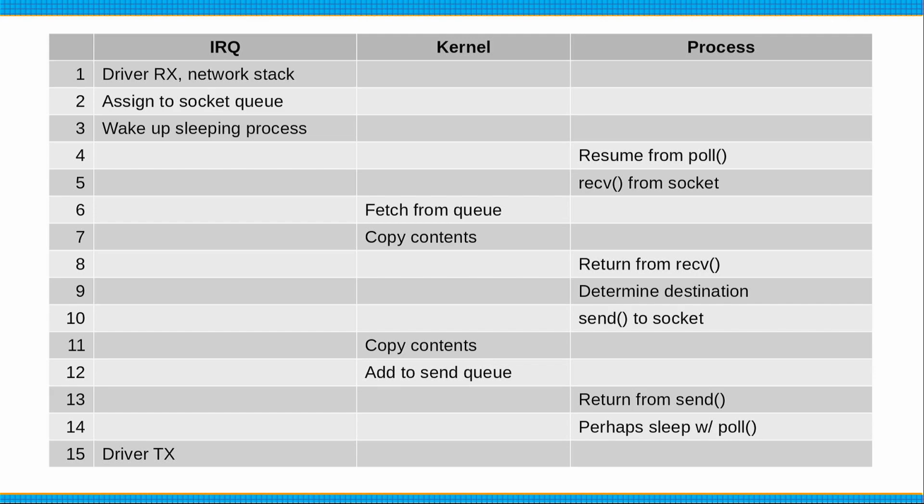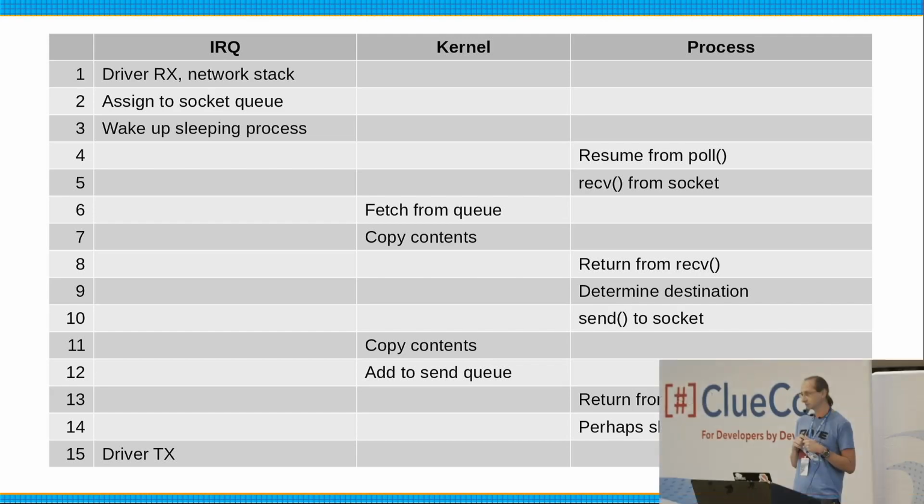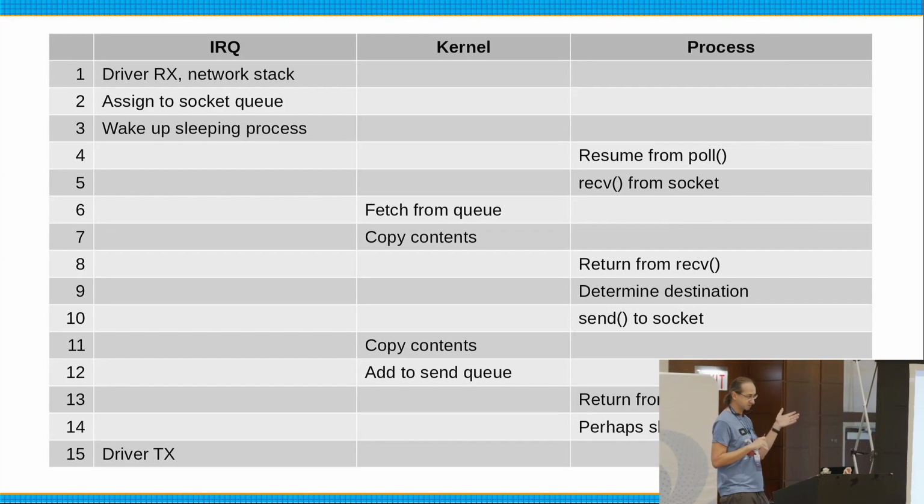This is basically kernel code that executes without being associated to a process, so kind of on its own. And this is where the initial reception of the packet happens. The driver runs, the network stack runs, and this is where the packet eventually gets added to a read queue for the socket. And then any process that is waiting for activity on that socket is woken up.